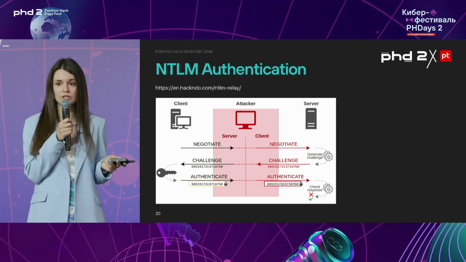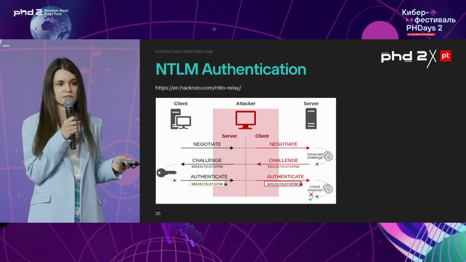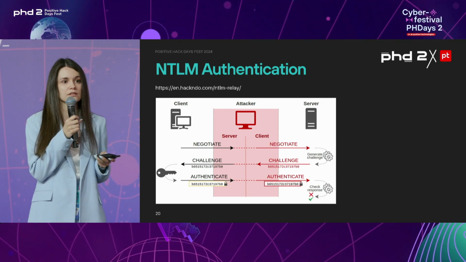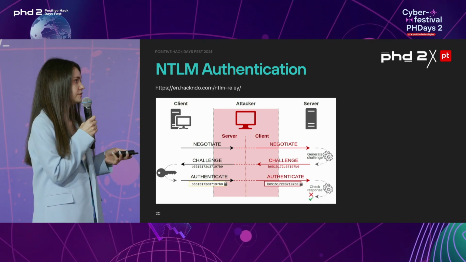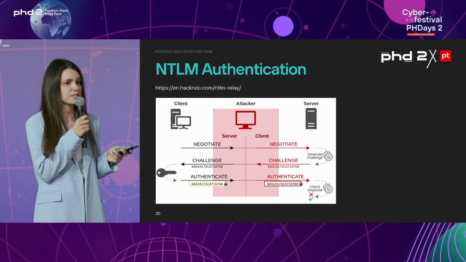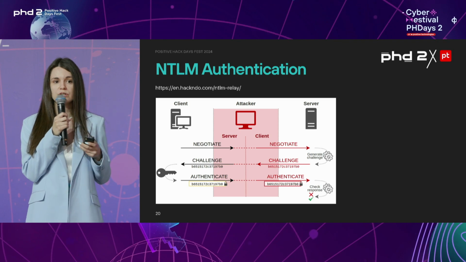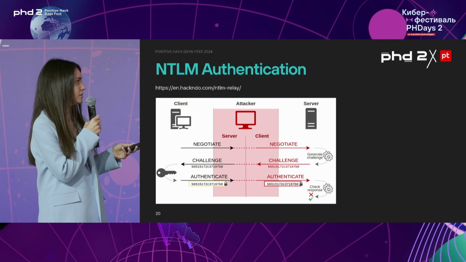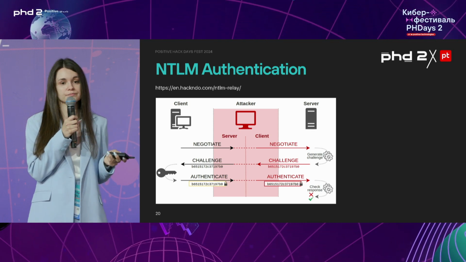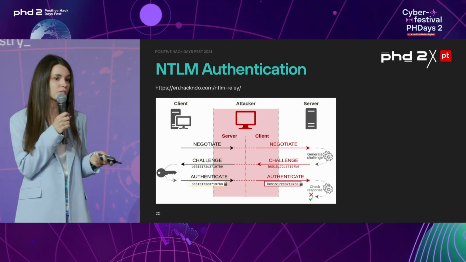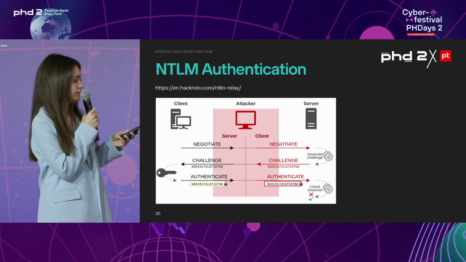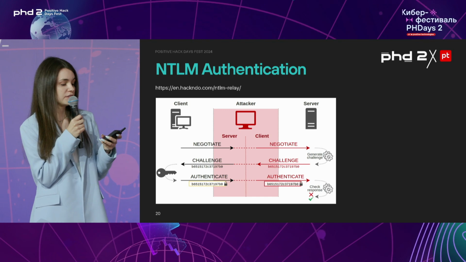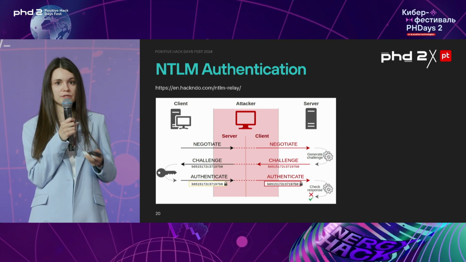If the server is a domain controller, then it already has a DS database where it can run this hash against the database and take the decision itself and respond. If it's not a domain controller, then the server will call the domain controller, perform the logon, and check if this is our guy or not. The domain controller will respond, and then the server will continue communicating with the client.